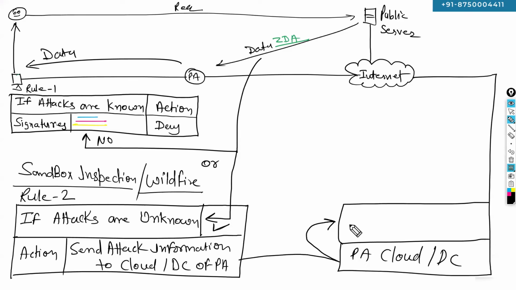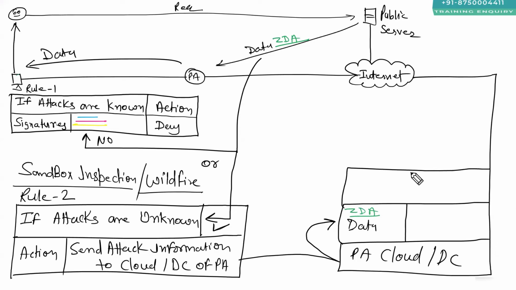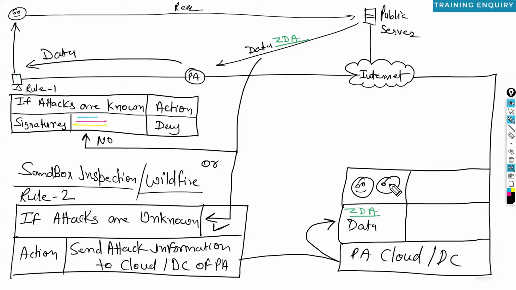The firewall will submit the file or data with the zero-day attack to the Palo Alto cloud. At the Palo Alto cloud or data center, they have dedicated engineers, and those engineers will analyze it and say whether what you submitted is a virus or an attack.